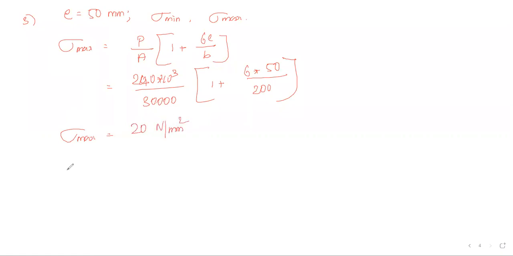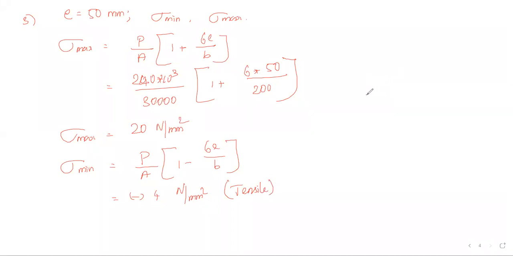Similarly, for sigma minimum the formula becomes P by A into 1 minus 6E by B. Substituting this, we get the value of minus 4 Newton per mm square. This minus indicates the stress becomes tensile stress.